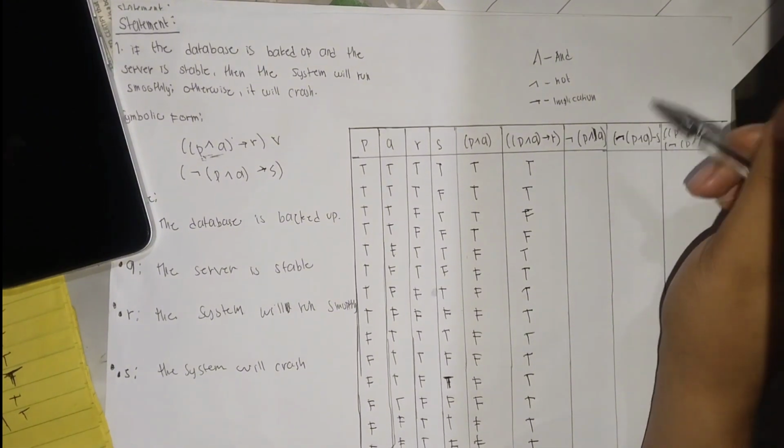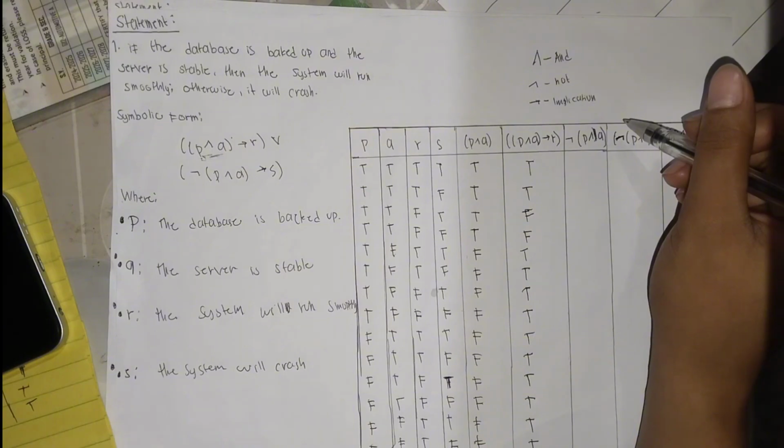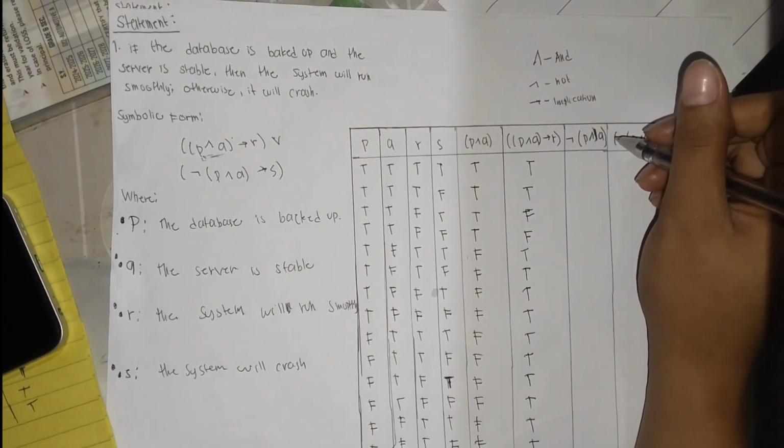So next is this, not P and Q. It will be the value in the P and Q column.